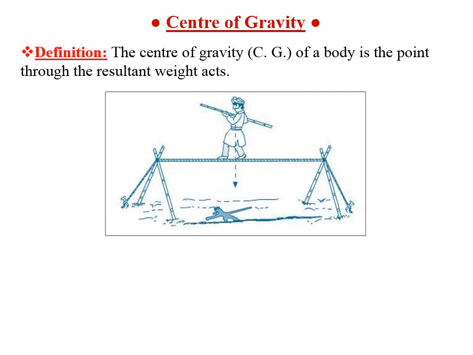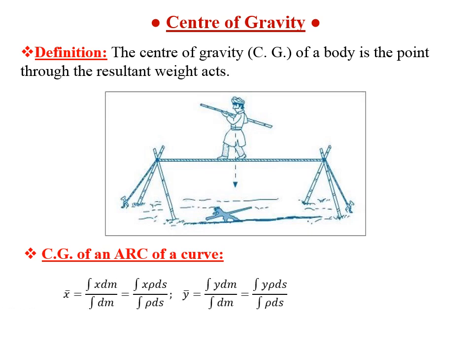Okay. So let us begin with their formulae. If we want to find out the center of gravity of an arc, as we can see in the figure, then the CG of that complete arc from the point C to point D is given by small x bar comma y bar, an ordered pair, and it is defined as x bar is equal to integration of x dm upon integration of dm, where dm is nothing but the mass, and as you know very well, mass is equal to density into length, as we are considering an arc over here.